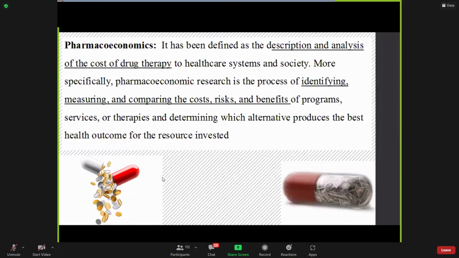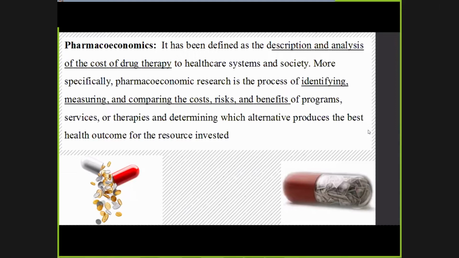Pharmacoeconomics. Economics is something related to cost. Once the drug is approved, it is defined as the description and analysis of the cost of drug therapy. So whether the total drug therapy is feasible for society or population or not, this detailed study of the cost analysis of a particular drug therapy or treatment is known as pharmacoeconomics.